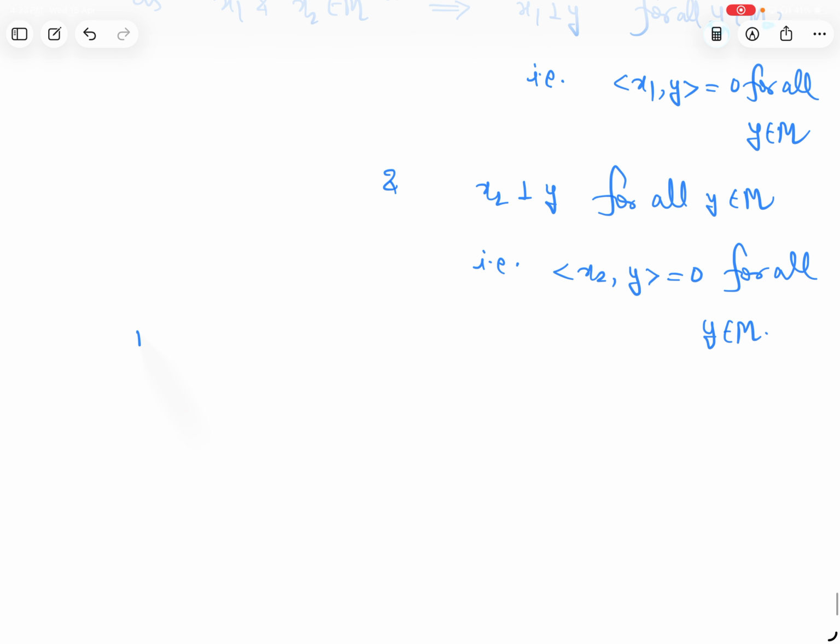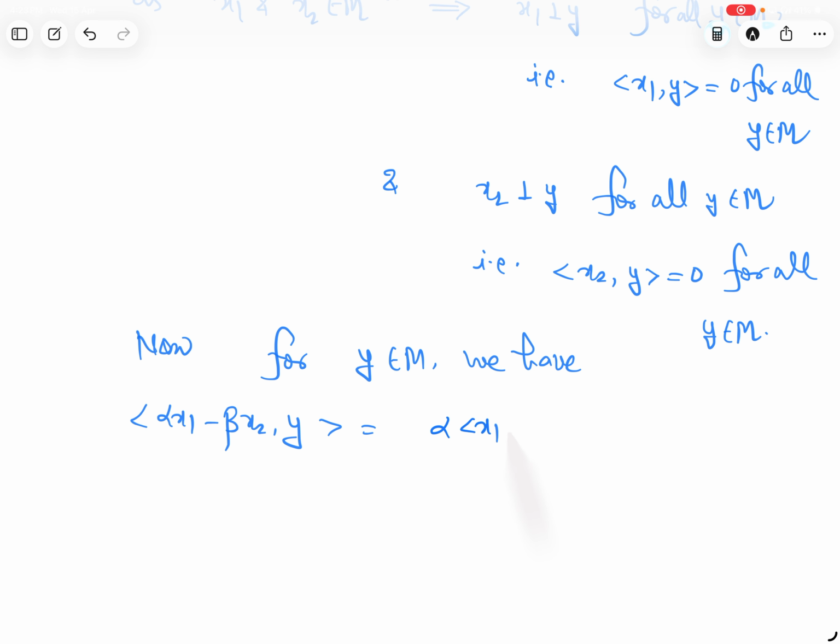Okay. Now alpha x1 minus beta x2 with y. Now for y belongs to M, we have alpha x1 y minus beta x2 y. That means alpha into 0 minus beta into 0, 0 minus 0, that is 0.